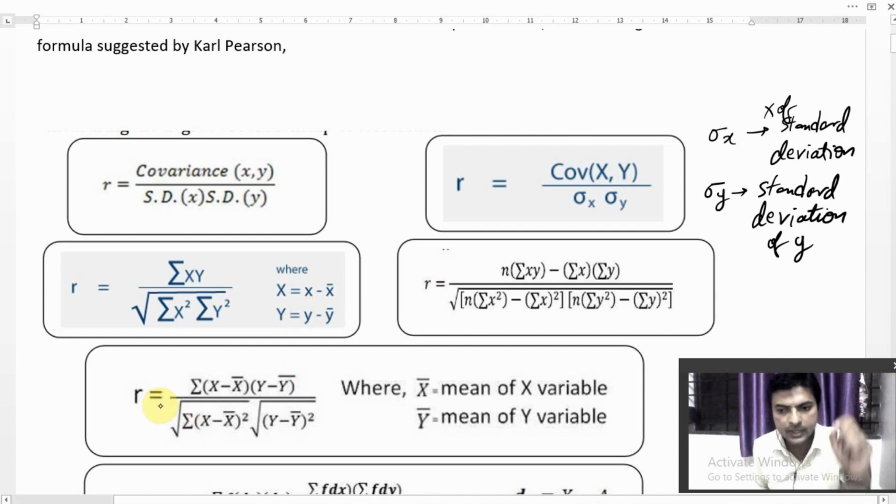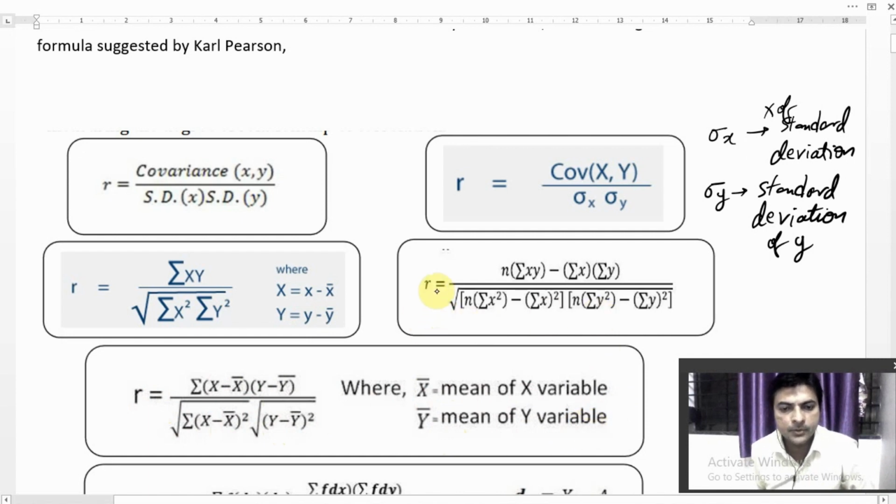We can write the same formula in different forms. So r is equal to summation of x minus x bar into y minus y bar divided by square root of summation x minus x bar the whole square, into square root of summation y minus y bar the whole square. This is another formula of correlation, where x bar is the mean of the x variable and y bar is the mean of the y variable.